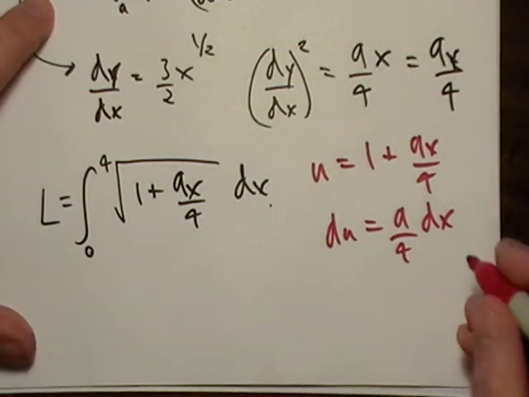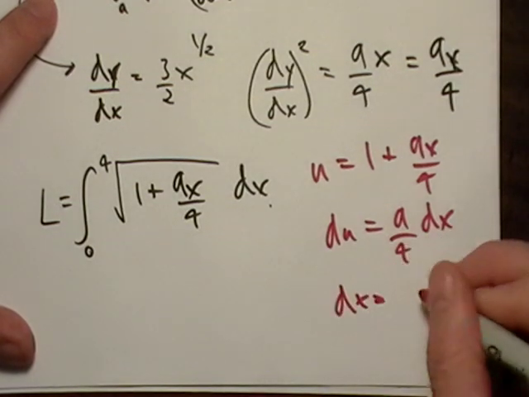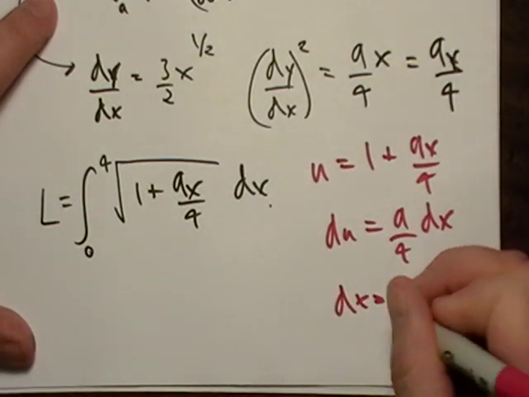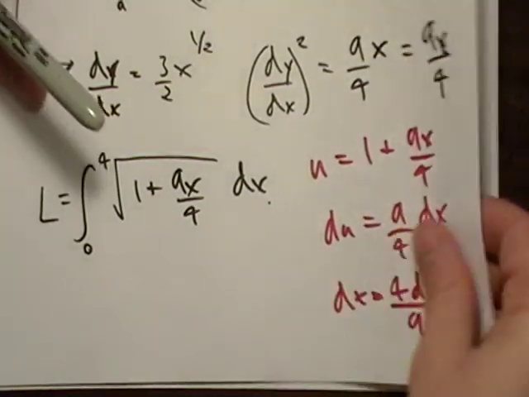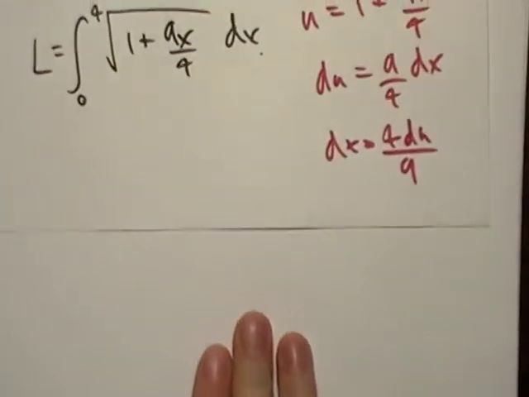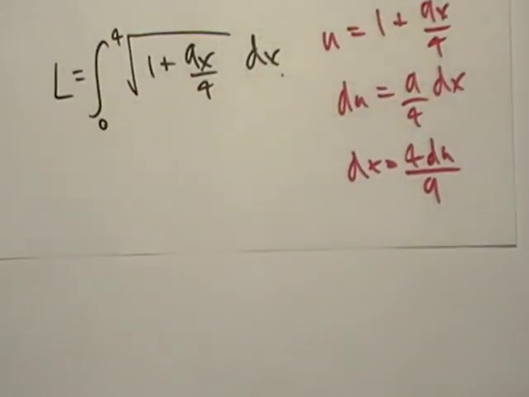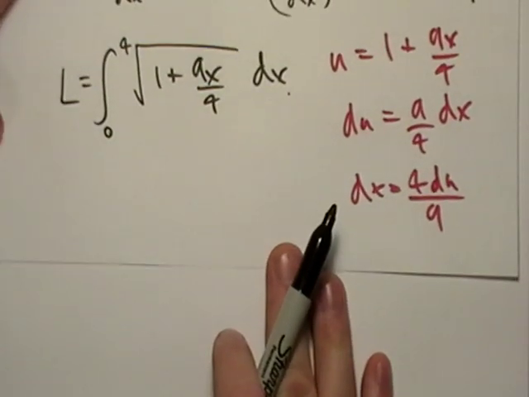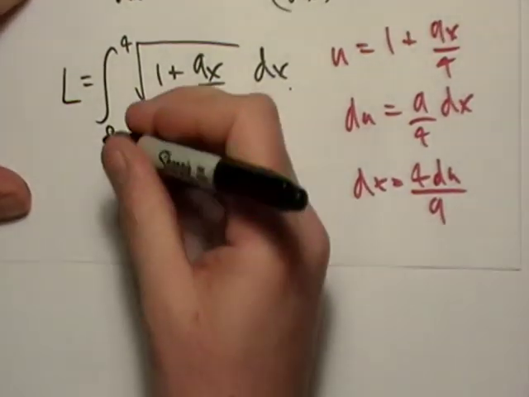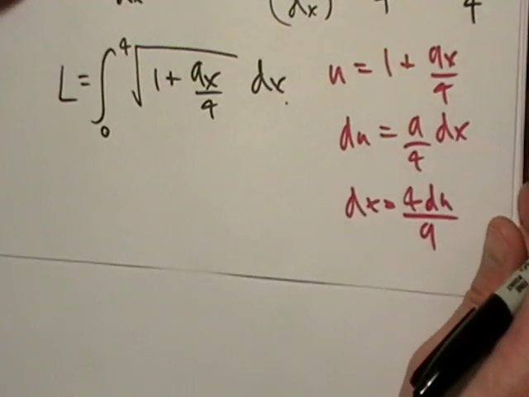So dx will be equal to 4 du over 9. So let's see if I can build on this a little bit. I still have the actual integral in focus up here. And yes, we're going to substitute the entire thing.